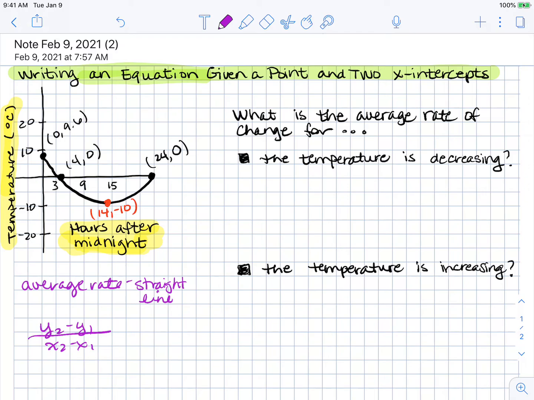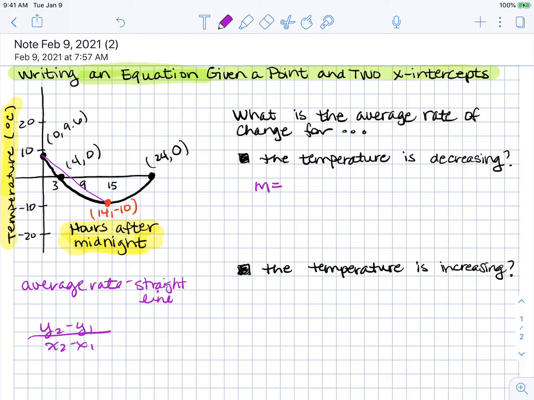And if I look for the average rate of change on the decreasing side of things, I want a straight line from where it starts to decrease till where it ends in the decreasing space. So I'm going to say that I want this straight line here. Like I want to know what the slope of that line is. And so the slope of that line is going to give me my average rate of change.